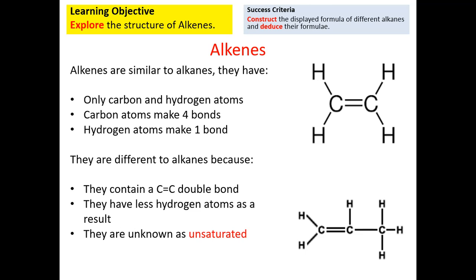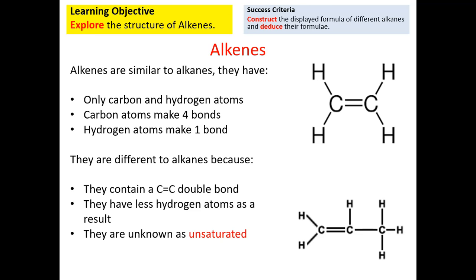So they're called unsaturated. Now, when something is saturated, it means it can take no more, whatever it is. If you're talking about something being very wet and it's saturated, it means it can't take any more water. And it's the same with this. So alkanes are saturated.